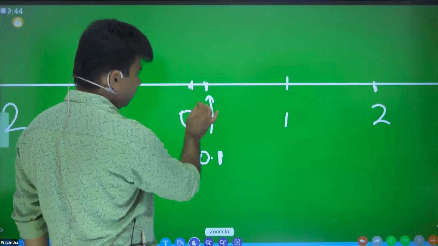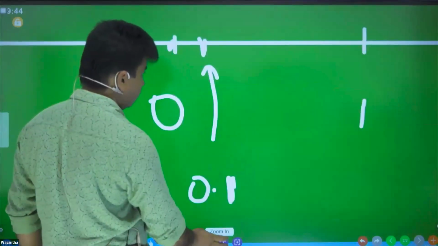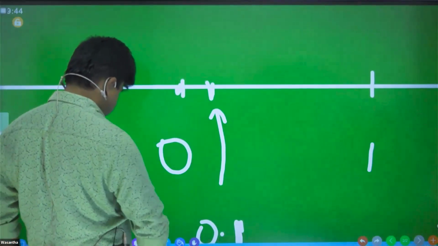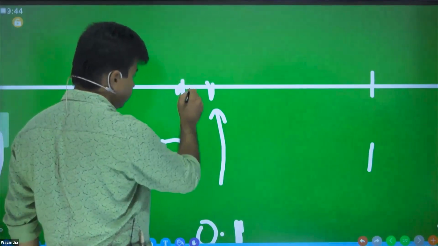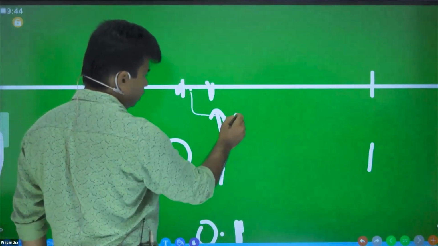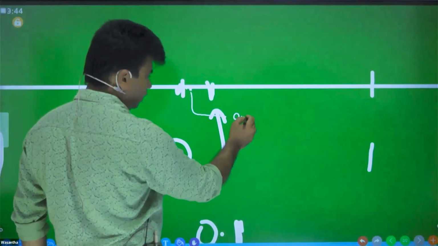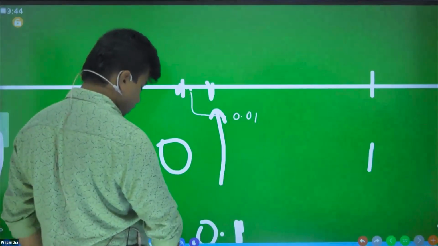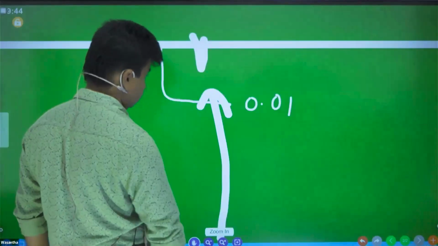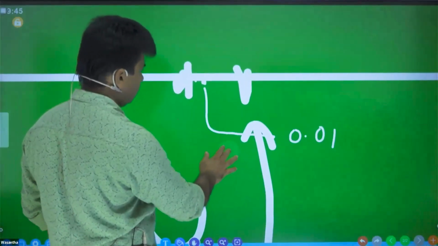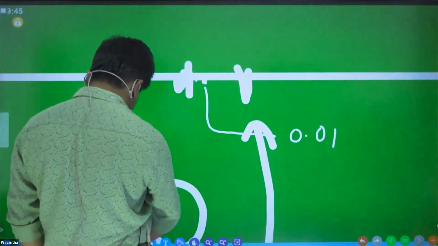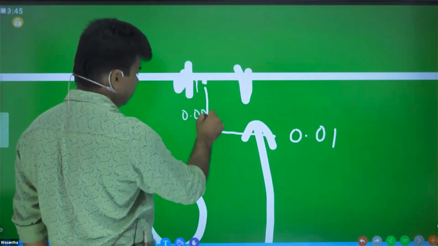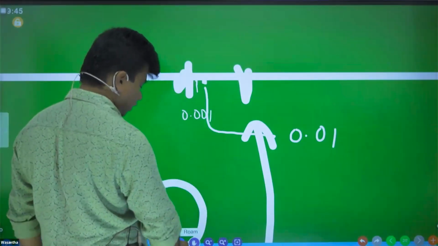This gap also can further divide into infinity parts. Then there may be 0.01, then you will have another number, 0.001. Further you can zoom in.